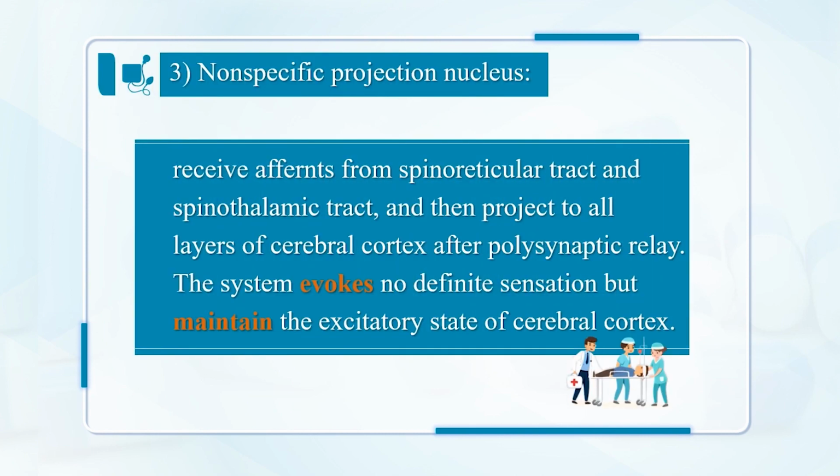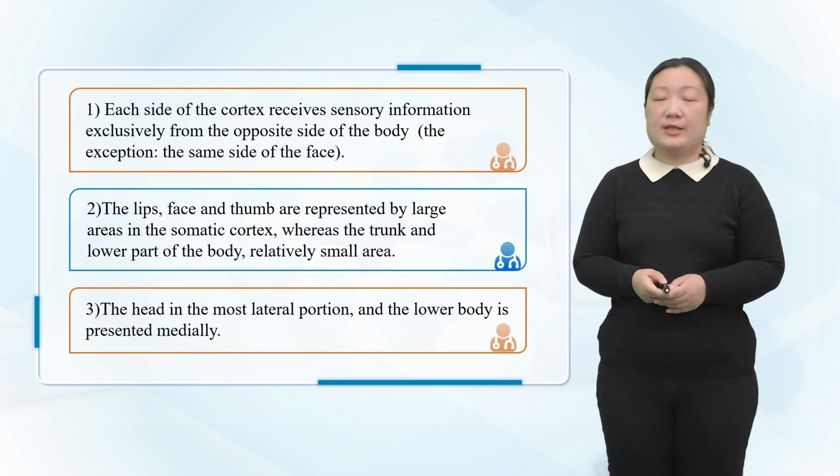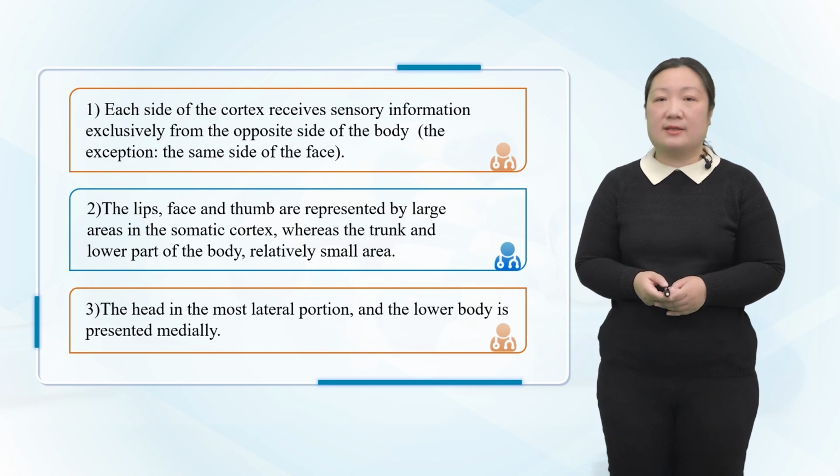Non-specific projection system: diffused projection to a wide area of the cerebral cortex, with a non-point-to-point projection relationship. It forms synapses with each cortical cell and causes a weak depolarization. Function: it changes the excitation state of the cerebral cortex and maintains wakefulness.